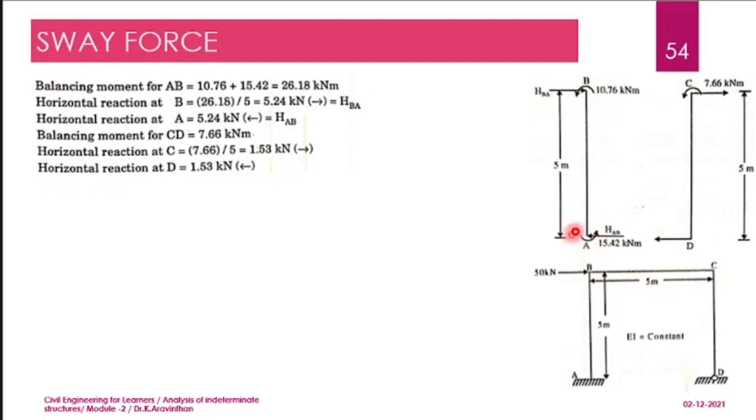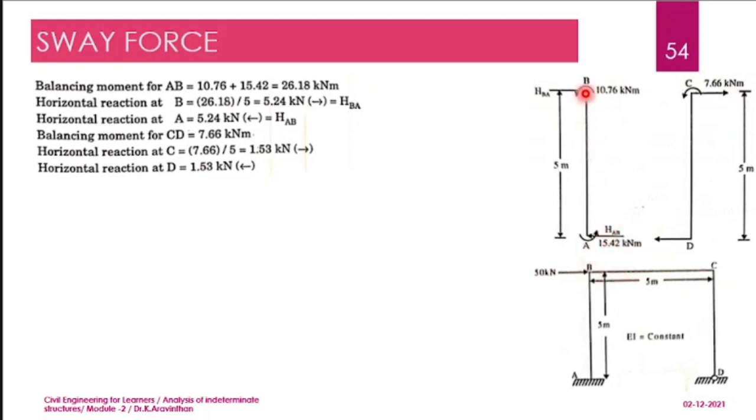Now how to find the reaction at A? In the sense you have to take moment at B. Either you can take moment or you can just balance the force here. What is 10.76 plus 15.42? So you can just take the moment. See, take moment at B. You can find the HAB.